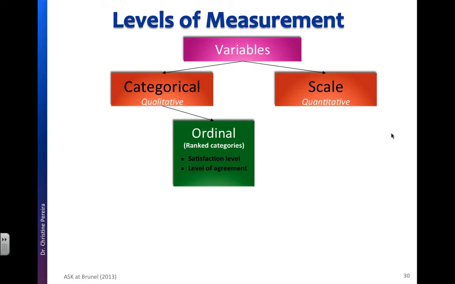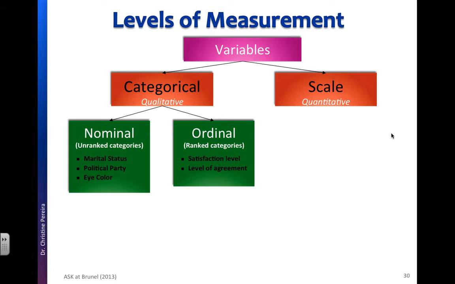With ordinal data, it's ranked. It means it has a meaningful order to it. So my Likert scale has a meaningful rank or order, maybe a level of agreement, a level of satisfaction. The second category is called nominal. These are categories that do not have a meaningful rank or order to them. So, for example, marital status: single, married, divorced, widowed, separated.